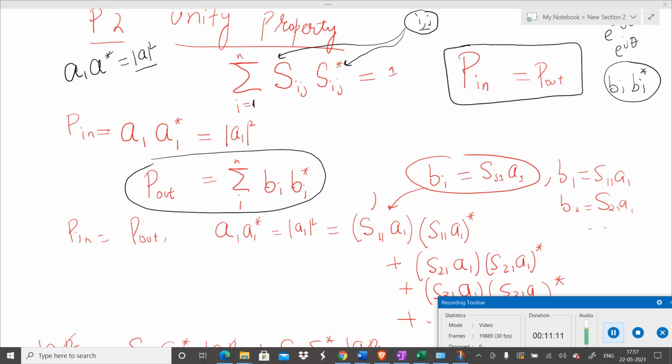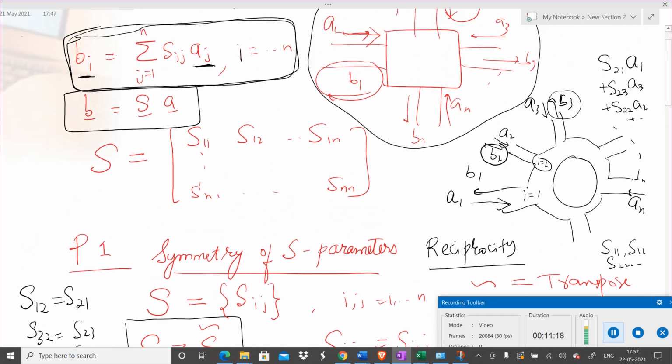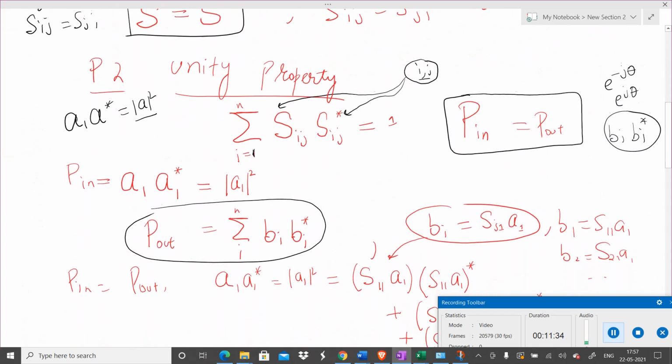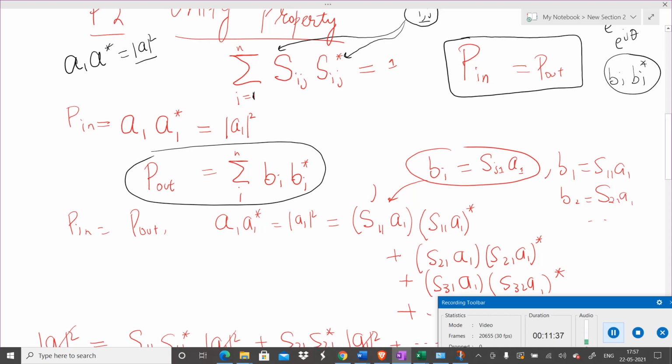Then Bi will be equal to Si1 A1. There will not be A2, A3, A4. They are 0. So if A2, A3, A4 are 0, then your Bi becomes Si1 A1. All other A's are 0. So we are right now using conservation of energy with this assumption that I have an electromagnetic source at port 1.